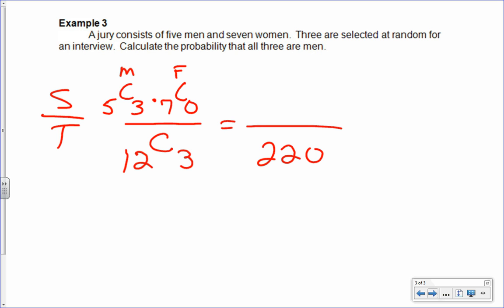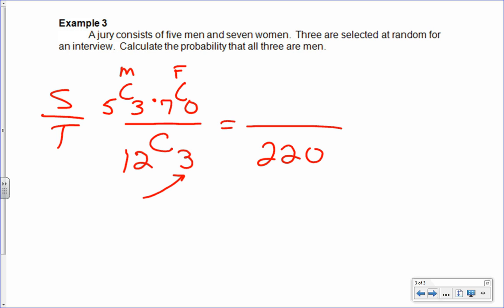7 choose 0. The reason I'm showing you this way, because we could probably do this without doing the 7 choose 0, but what if all of a sudden I ask you for 2 men and 1 woman or something like that, then you'd be able to do those problems just by changing this up a little bit. Do you notice that on the bottom, overall, I have choose 3, and the top, overall, I have choose 3?